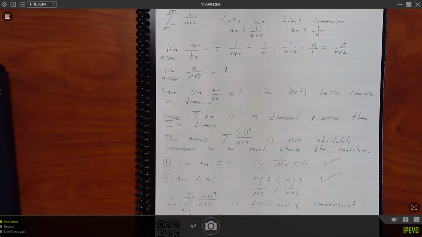Any questions on this problem? You see why you want it to absolutely converge, right? Otherwise, it's annoying.